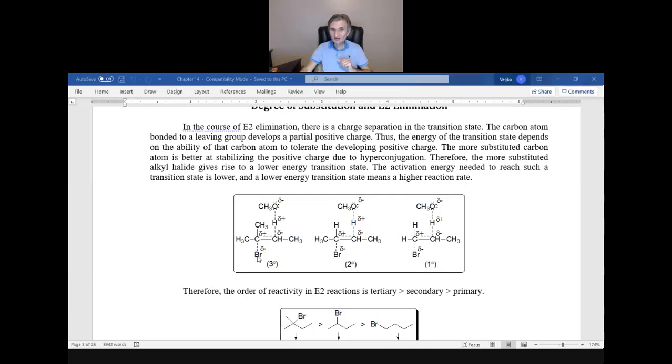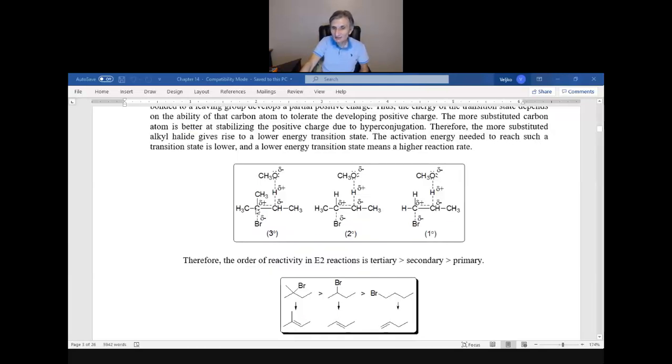Now, as the bond is beginning to be broken, it's developing partial negative charge. So when you are comparing these three transition states, you can see that the difference is on this carbon that is attached to the leaving group. It's developing a partial positive charge. So this carbon actually resembles a carbocation.